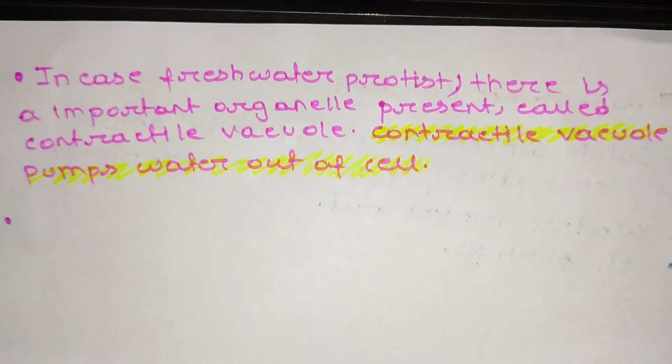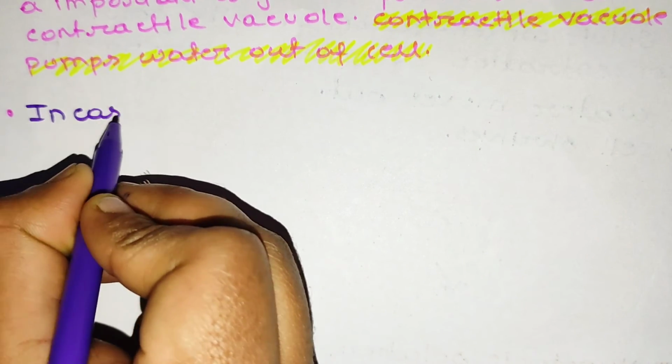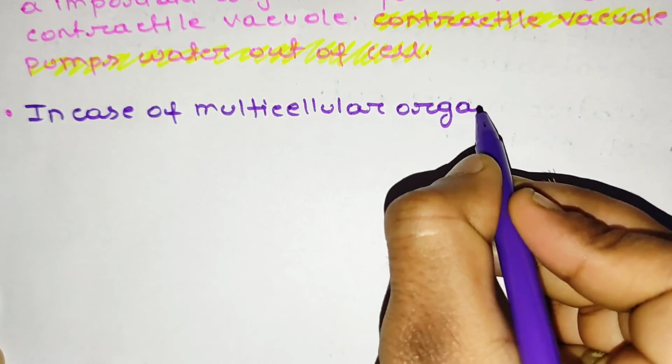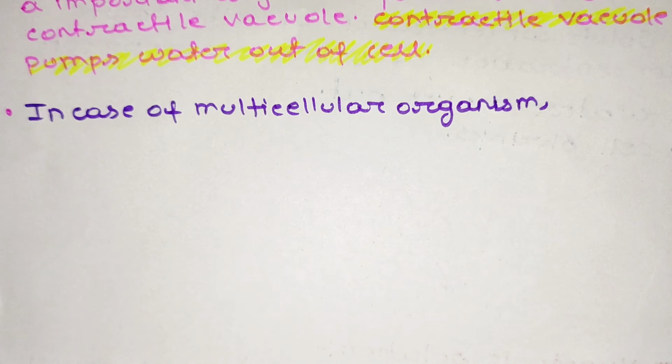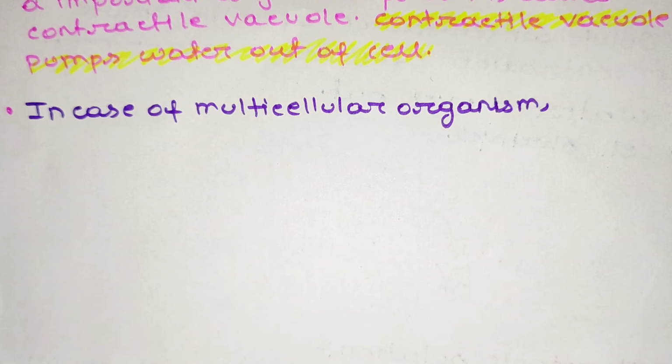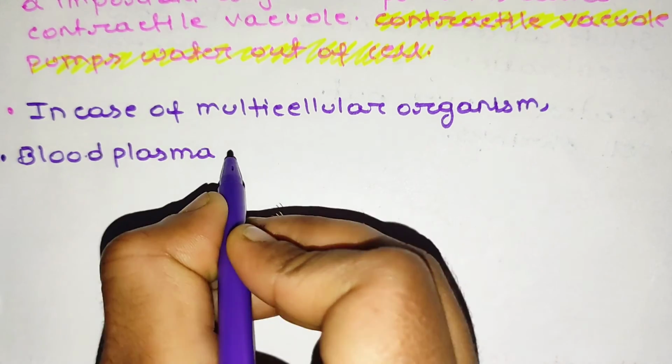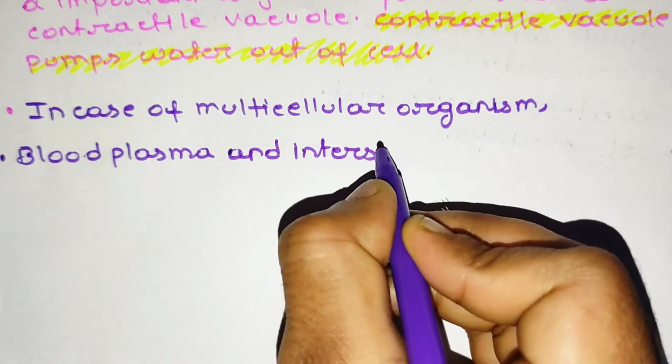Now the third scenario, in case of multicellular organisms. How do multicellular organisms protect themselves from osmotic lysis?